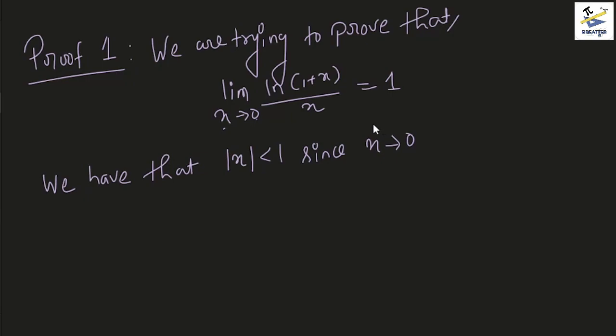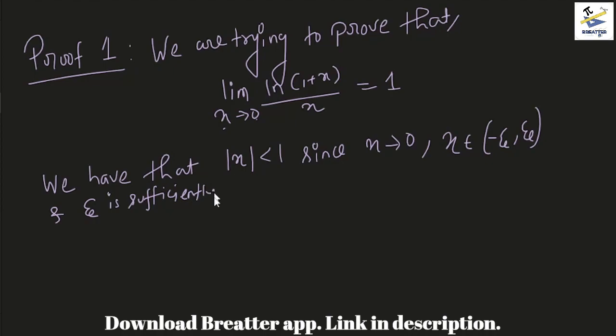So it's like an epsilon distance, which is very small, we can consider as small as we want to be, and it's in that distance around 0. So basically x lies in an interval like this, minus epsilon to plus epsilon, where epsilon is sufficiently small.